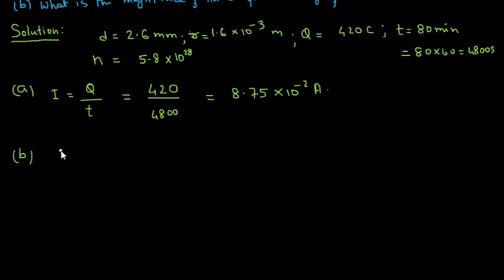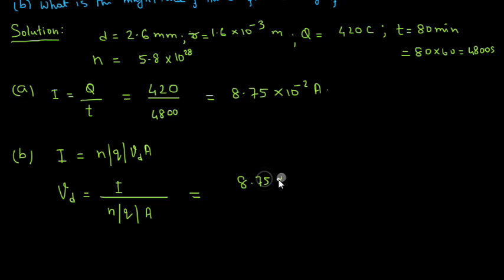We know from our concept that I is equal to n magnitude of Q, that is charge, and drift velocity multiplied by A. So drift velocity will be equal to I upon n magnitude of Q and A. Put all these values.